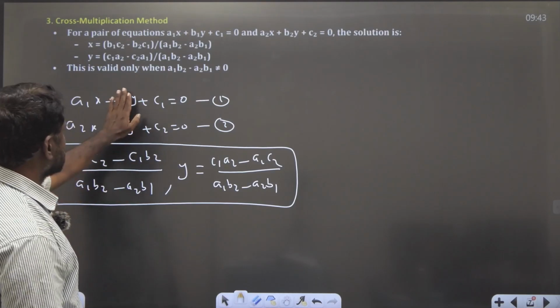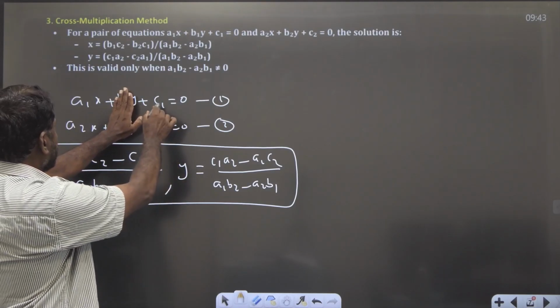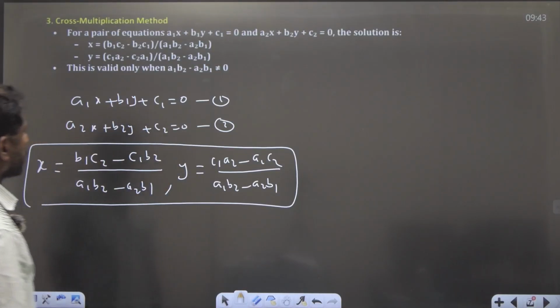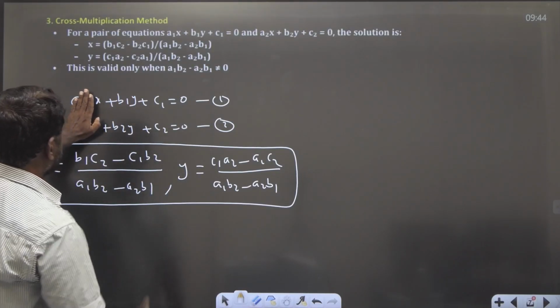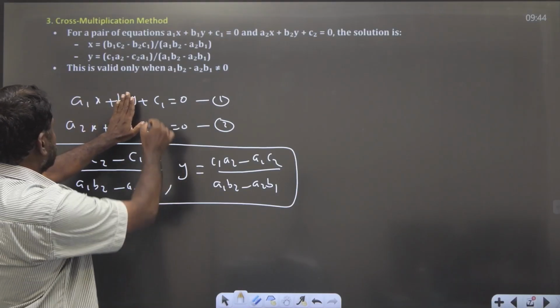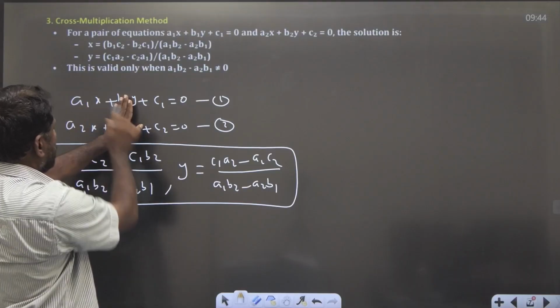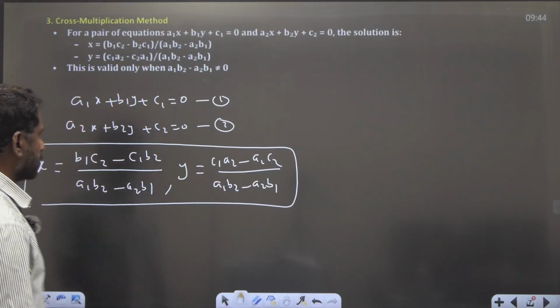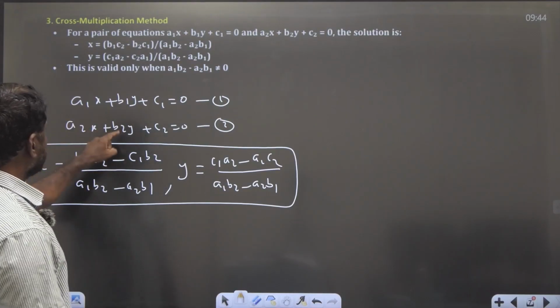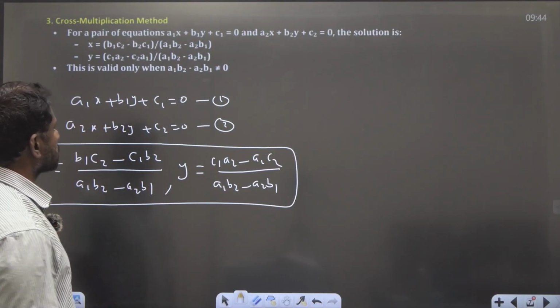You remember this method. In both cases, denominator is a1 b2 minus a2 b1.